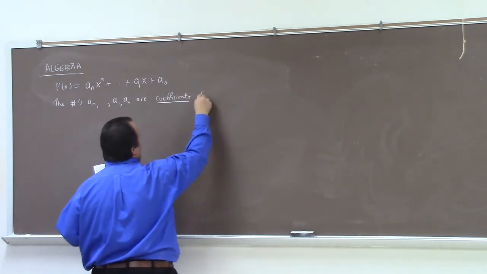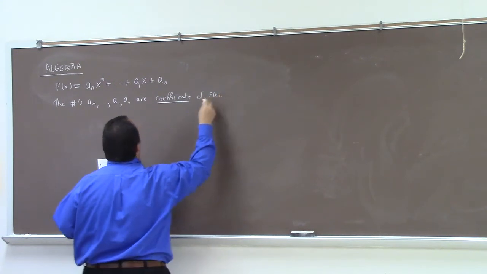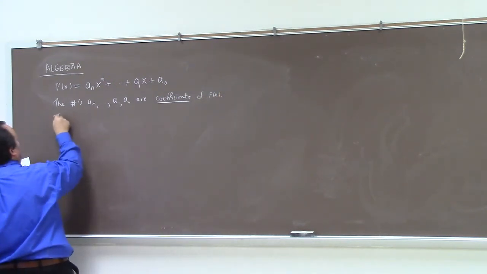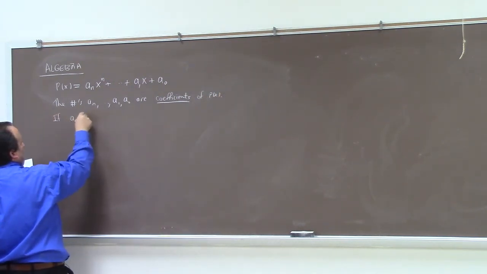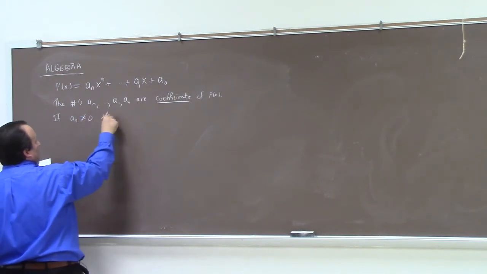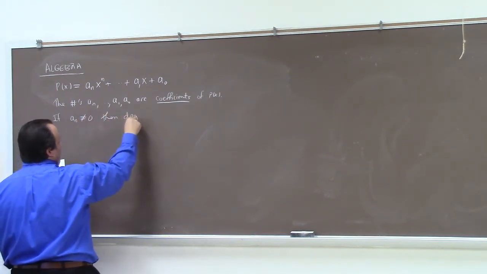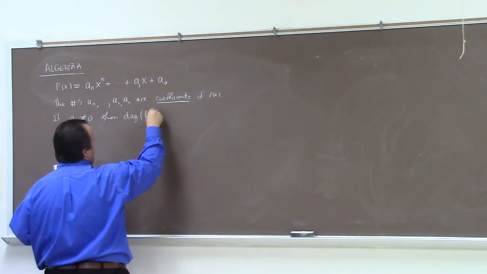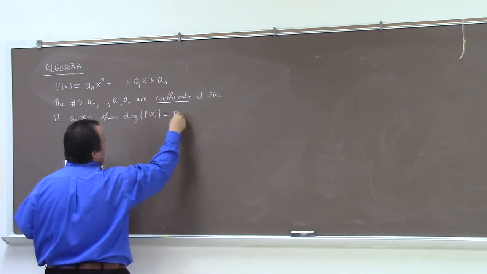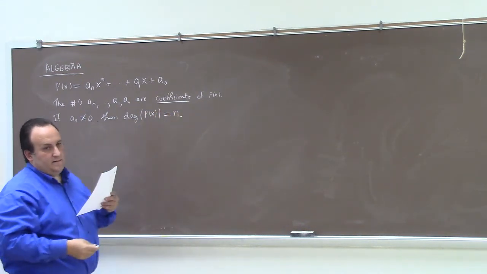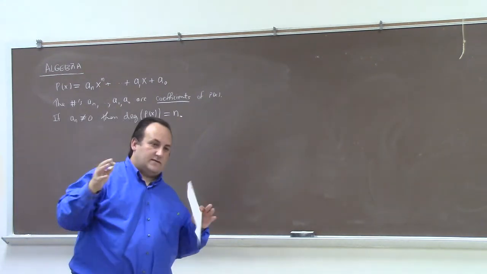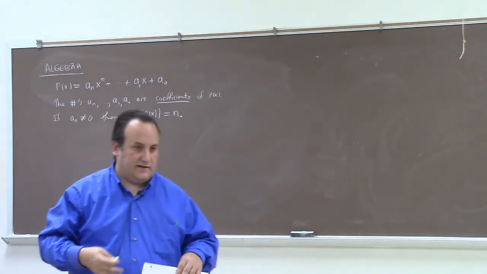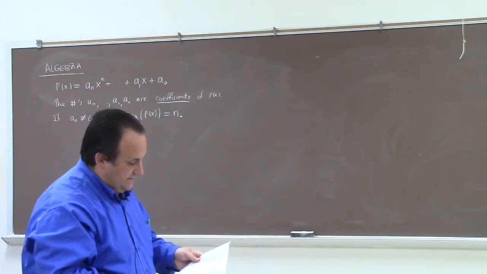Coefficients of P. And if a sub n is not equal to 0, then the degree of P of x is equal to n, right? So the degree of a polynomial describes the largest power which appears in it in a non-trivial sense, right?